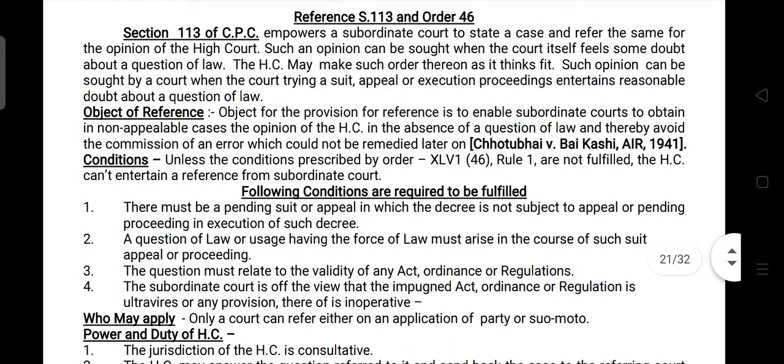So what does Section 113 provide about the reference in the CPC?